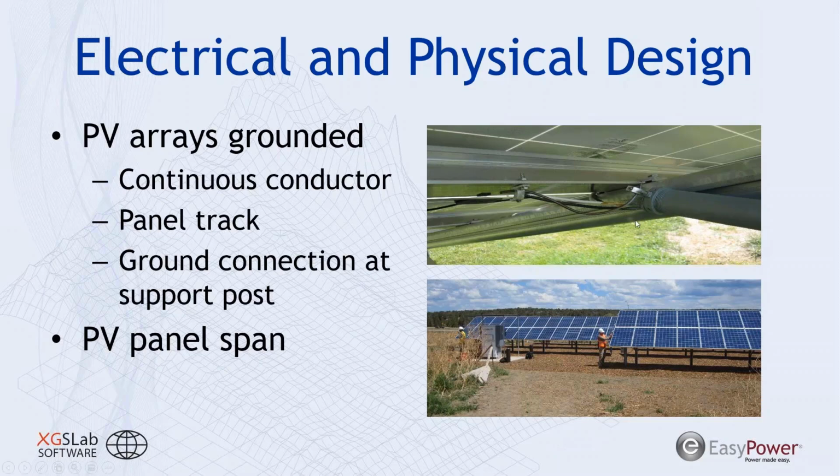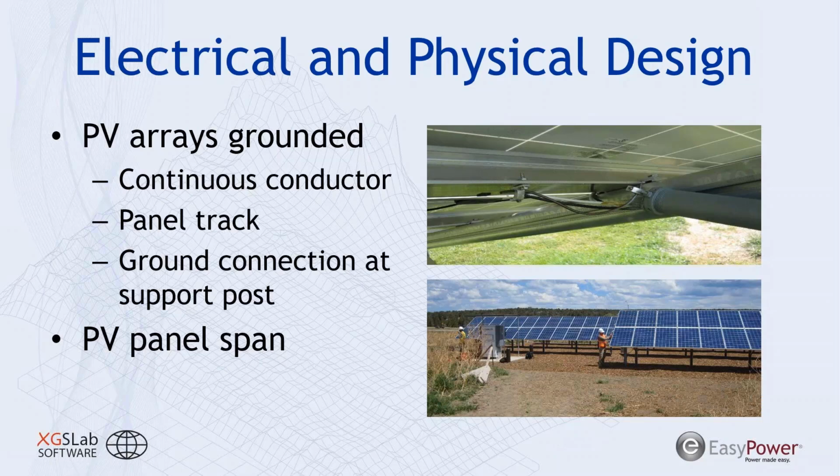In the image on the top right, we can see there is a conductor that's joining one piece of the track to another support post. So this is indicative that for this site, they're using that panel track as their grounding connection. Another option is that they may have ground connections at each of the support posts.